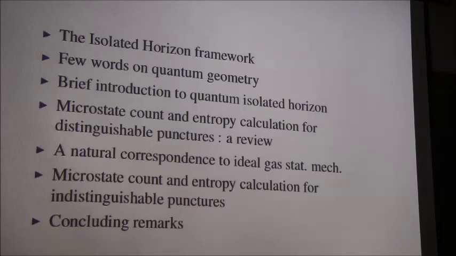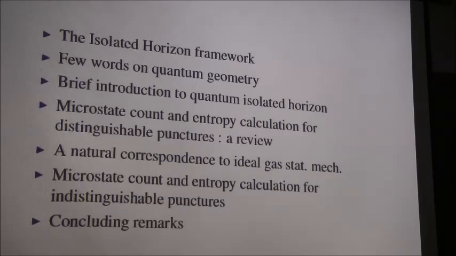Then I will review the microstate count, the Majumdar formula, and from there how we can compute the entropy, the Bekenstein-Hawking area law, in the case of distinguishable punctures. Although that is a review, it will give me a very crucial lead to how to calculate the same entropy for indistinguishable punctures. That's why I will do this review.